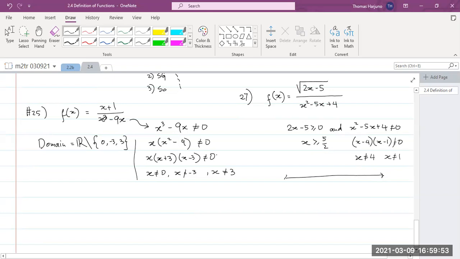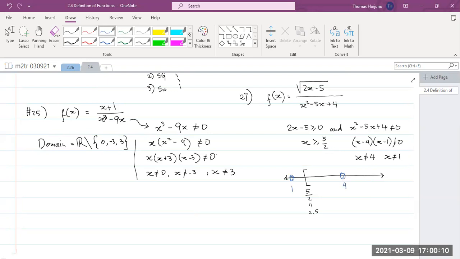Now, let's take a look at what this is supposed to look like on the number line. It has to be at least 5/2, which is 2.5, yet it cannot be 1, and it cannot be 4.